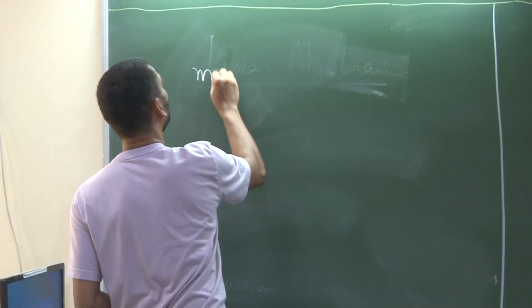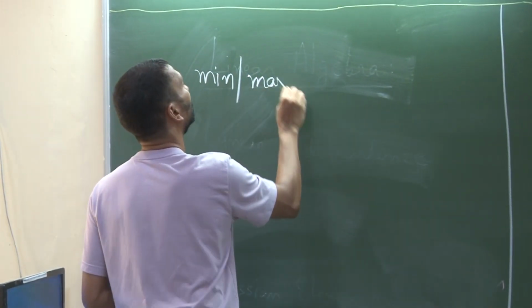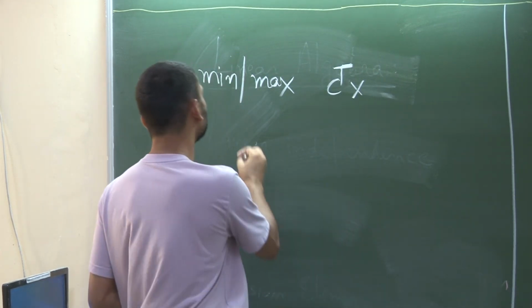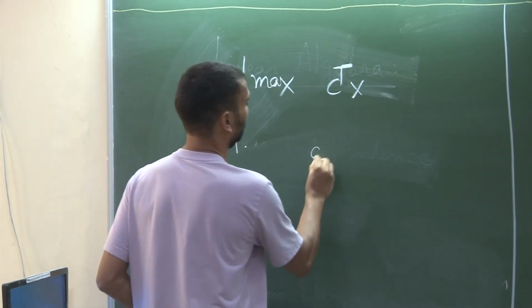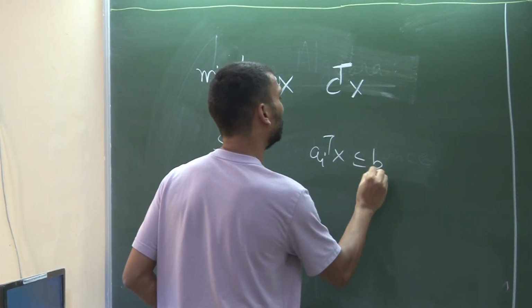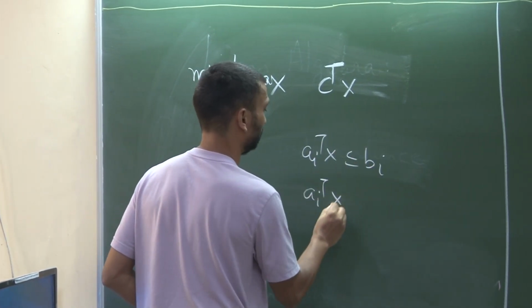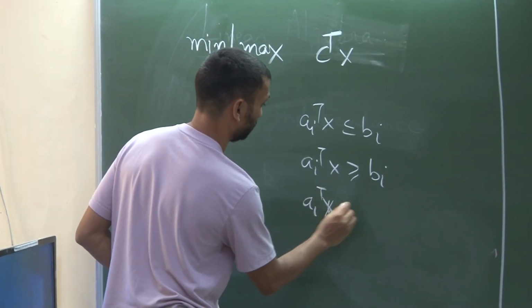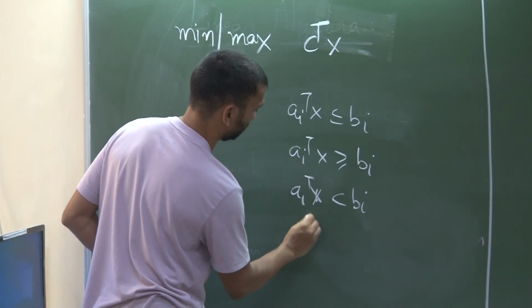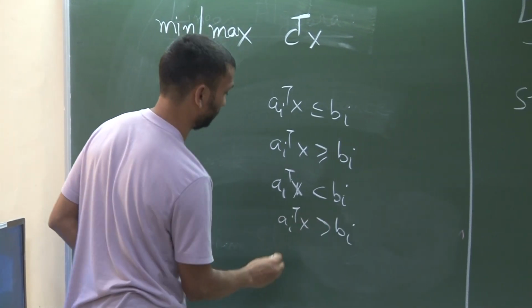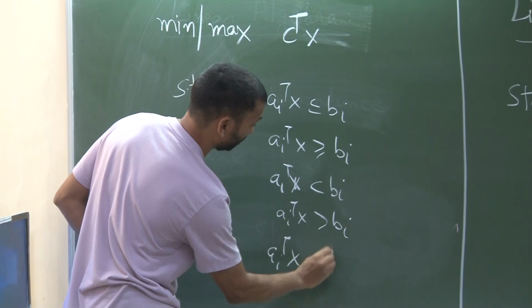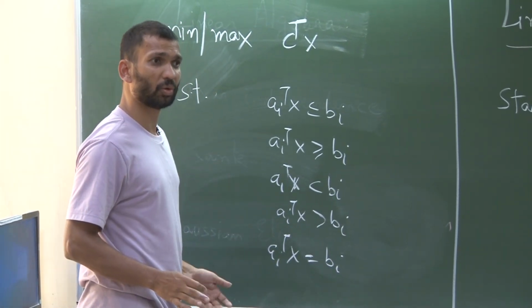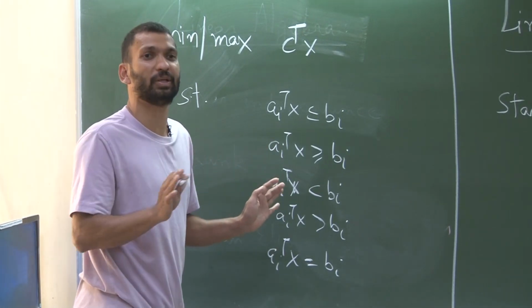So it is min slash max C transpose X such that all these kind of constraints could have been possible.